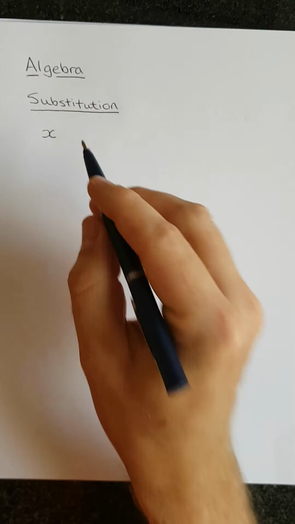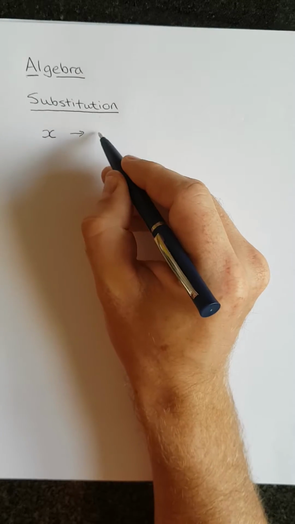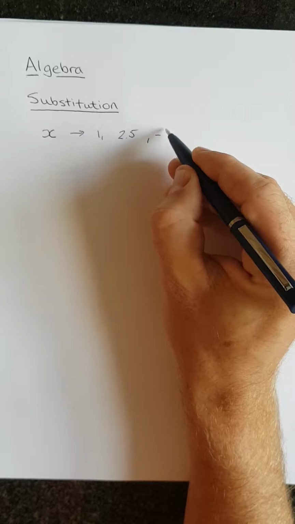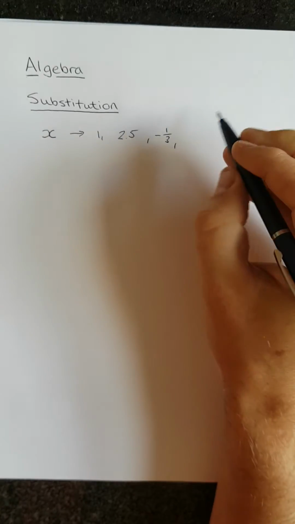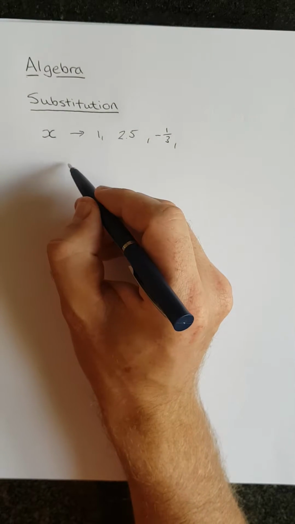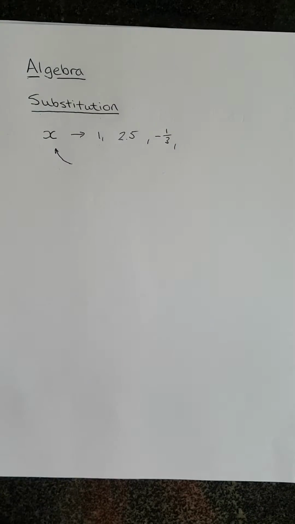Now, this means it could take any value at all. We call this a variable because it can vary. Now we're going to look at how algebra behaves when we substitute a value in for our x.